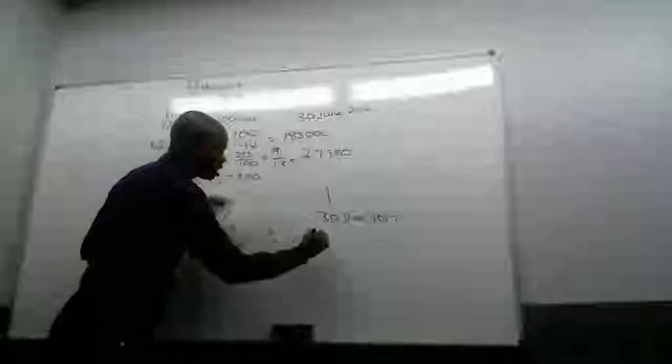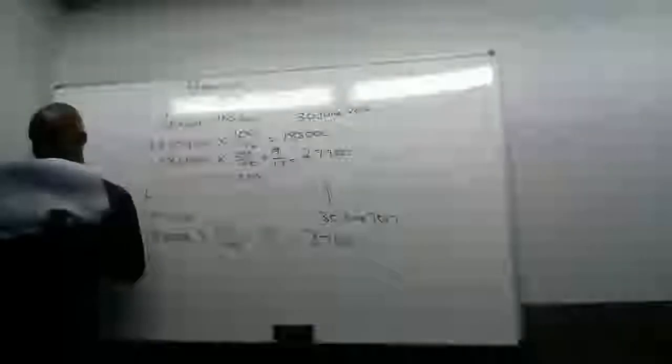How much do you get? 37,000 is our depreciation. Under depreciation, right? 37,000. This is our depreciation.